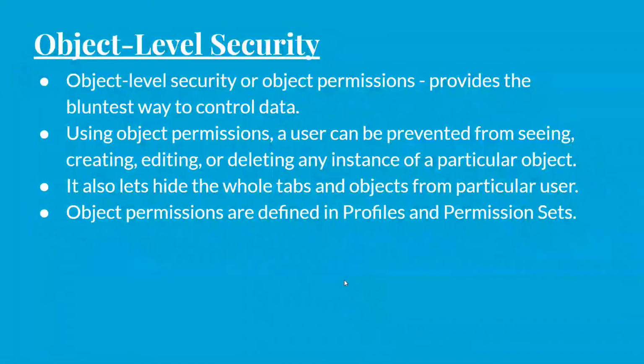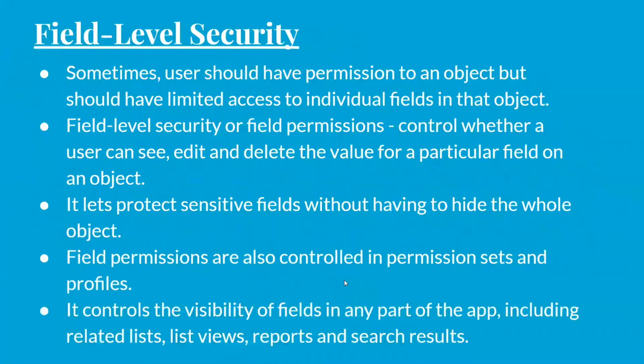Now let's see what is the next level. The next level is the field level security. Sometimes users should have permission to an object, but should have limited access to individual fields in that object. Sometimes it happens that you are capturing very confidential data at the object level. Suppose you are capturing someone's Aadhaar card number or a PAN card number or driving license number, but you want to keep it secure.